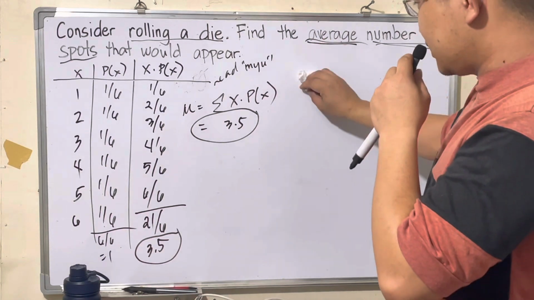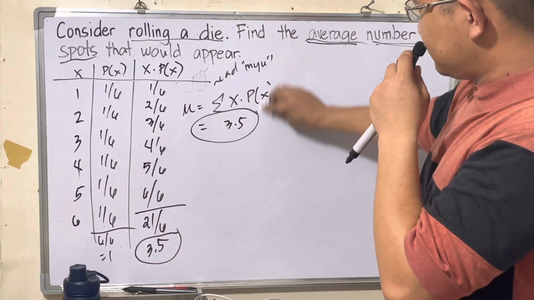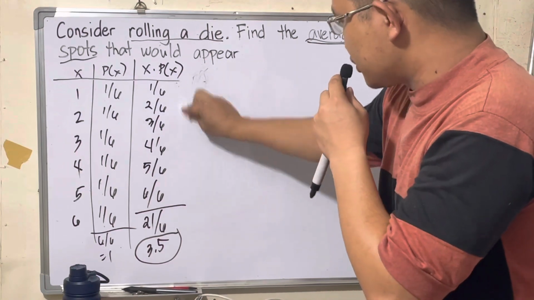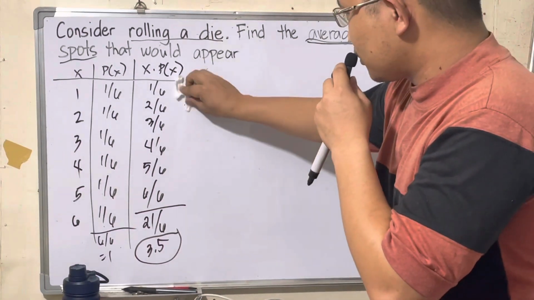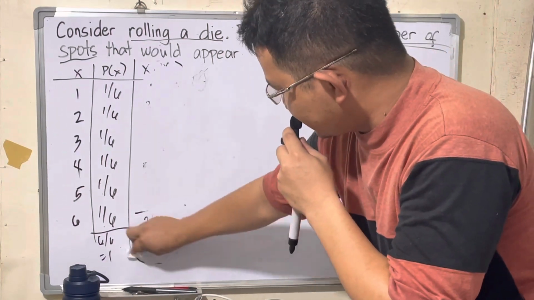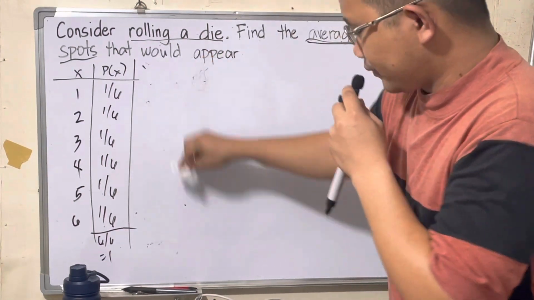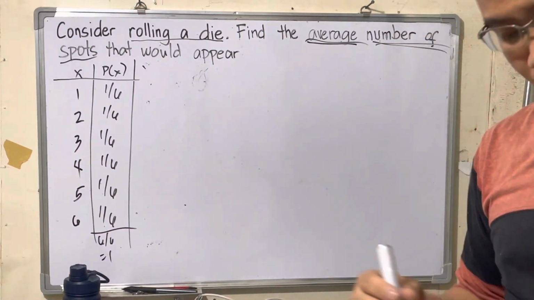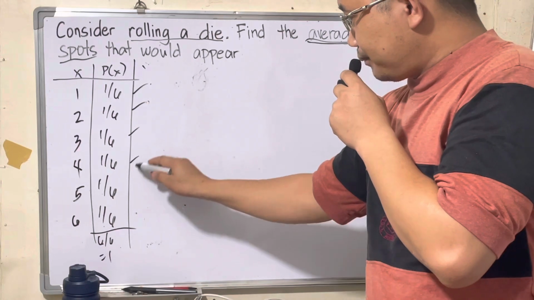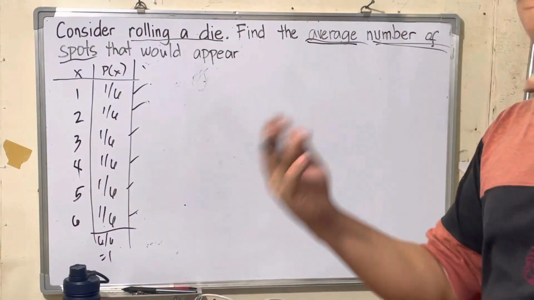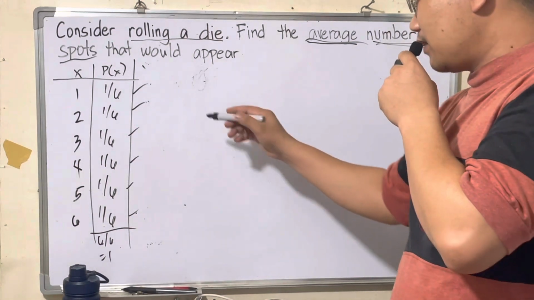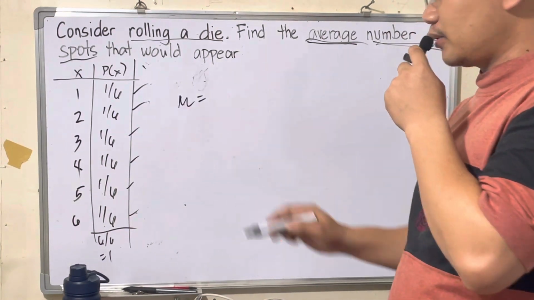Next, we will use another formula, since yung problem natin is yung uniform distribution. When we say uniform distribution, the corresponding probabilities are the same. So tandaan, uniform distribution, the corresponding probabilities are the same. So if uniform distribution ang problem, you need to find the mean using this formula.